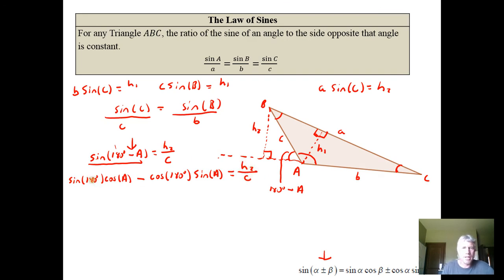The sine of 180 degrees, we want to remember from the unit circle, if we're in the 180 degree position, then we're over here at -1, 0. So the sine is going to be 0.